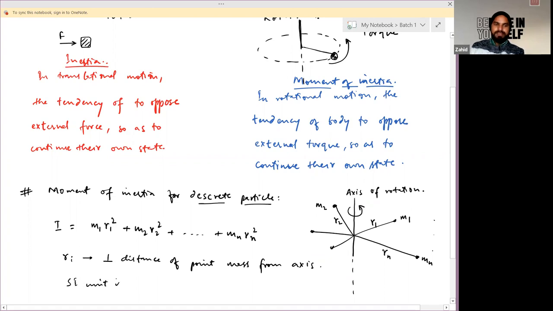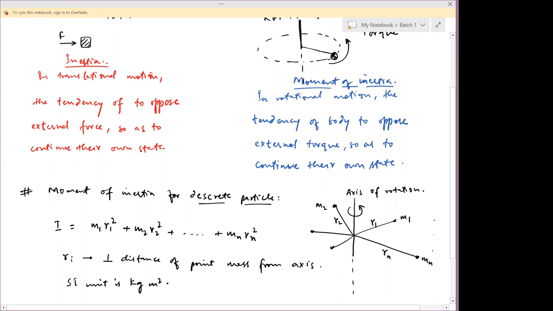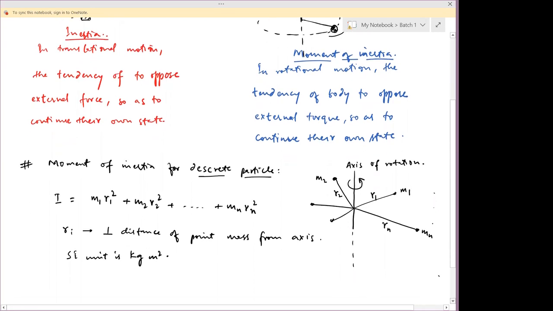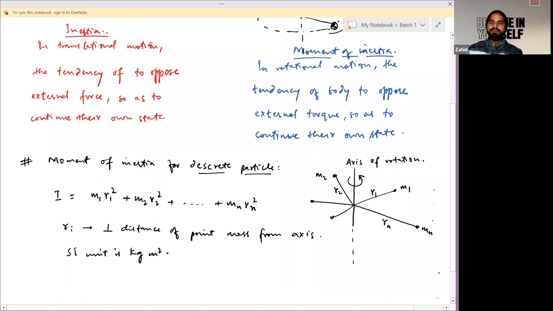The SI unit is kg meter square. Is it clear? Khalid, is it clear? Yes, sir. Okay, just write it down.